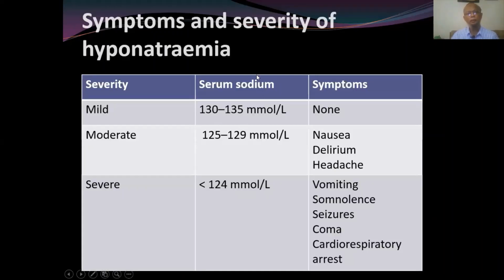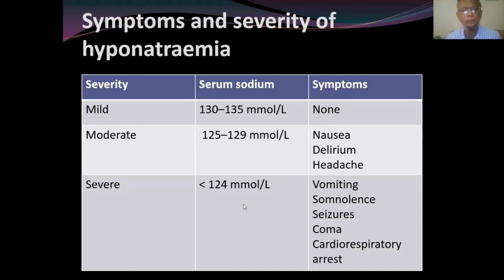So, symptomatology and severity of hyponatremia. When there is mild hyponatremia, that is 130 to 135 millimole per liter, actually there are no symptoms. In case of moderate hyponatremia, there is nausea, delirium, and headache.